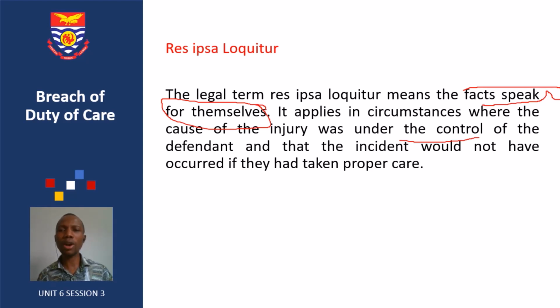Then you invoke the principle of res ipsa loquitur, meaning on the part of the case, it is clear that the defendant is negligent, or the defendant has breached his duty of care.